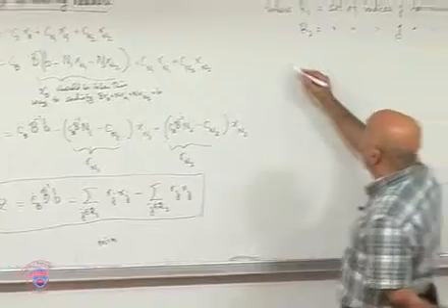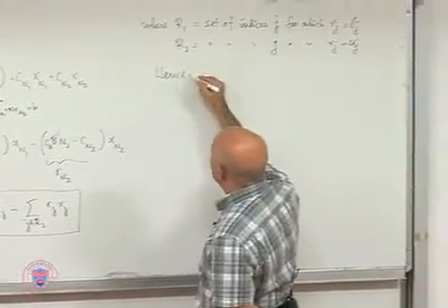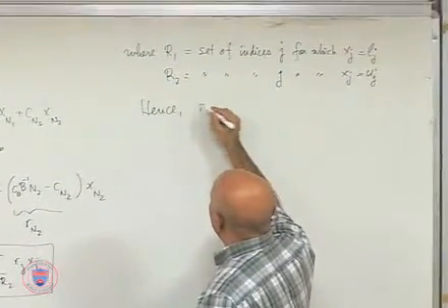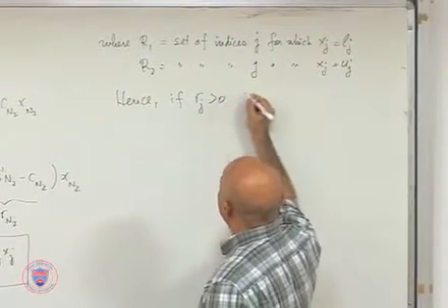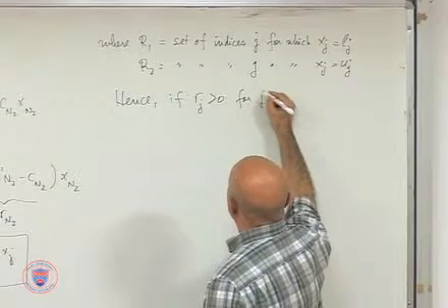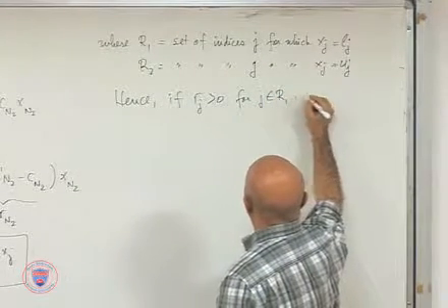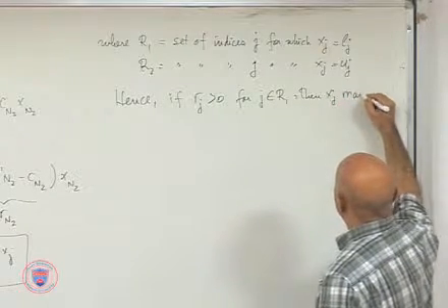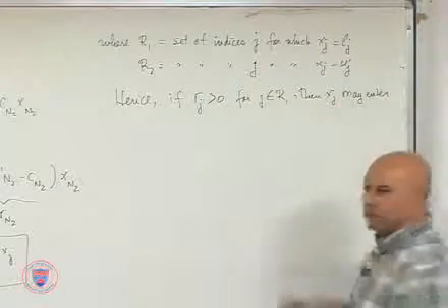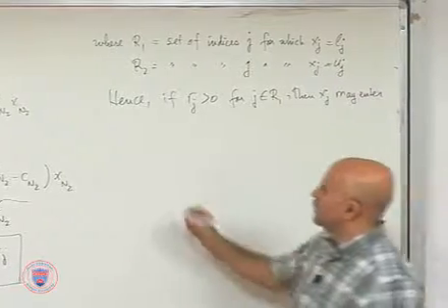So, hence, if rj is positive for some j in R1, then xj may enter, or can enter, to improve the objective value.